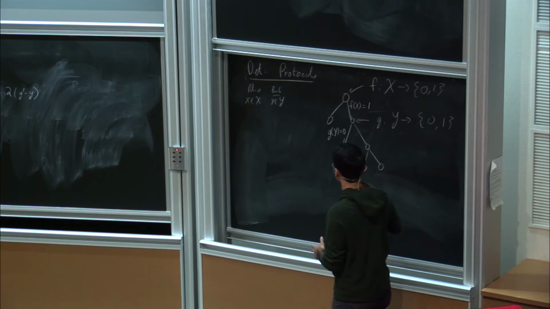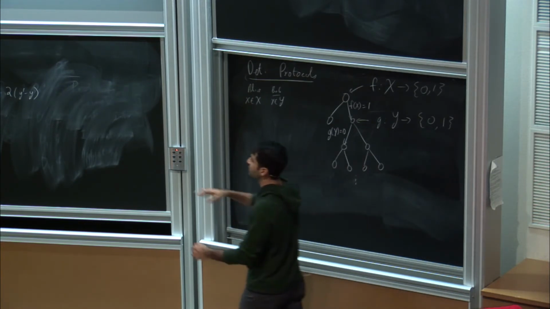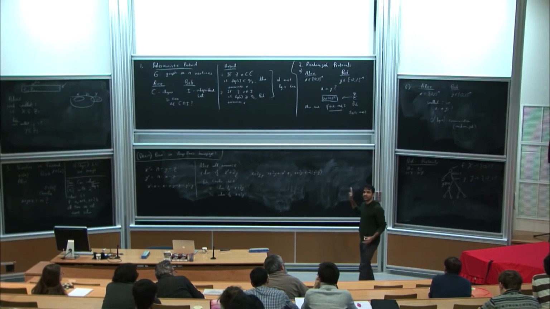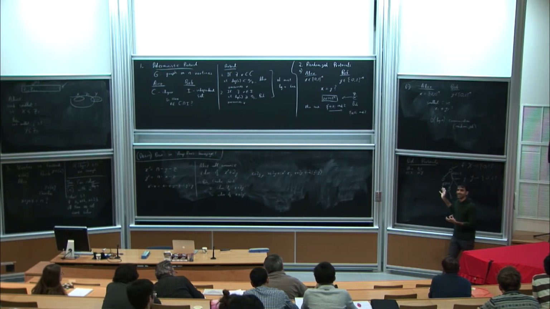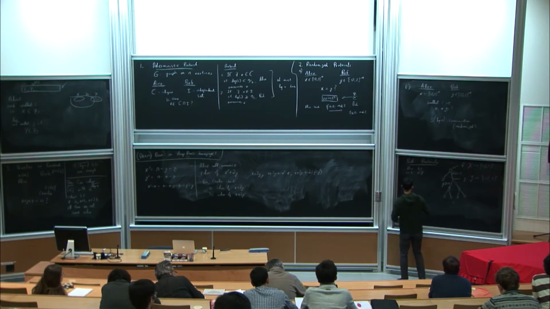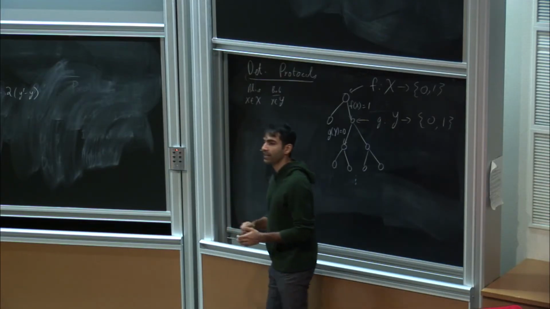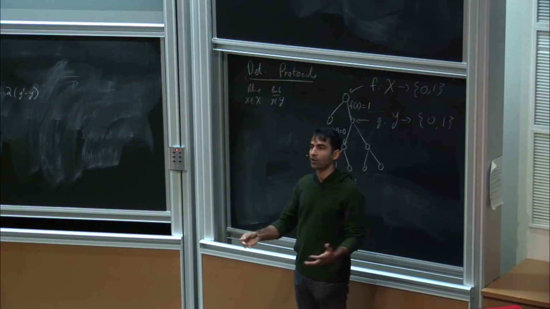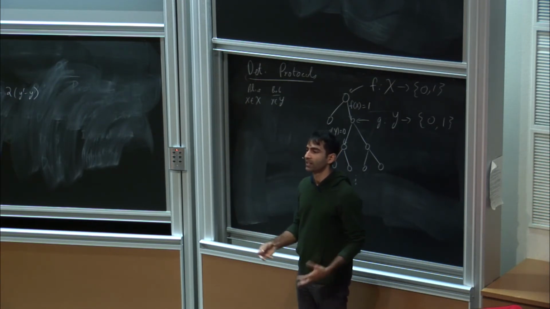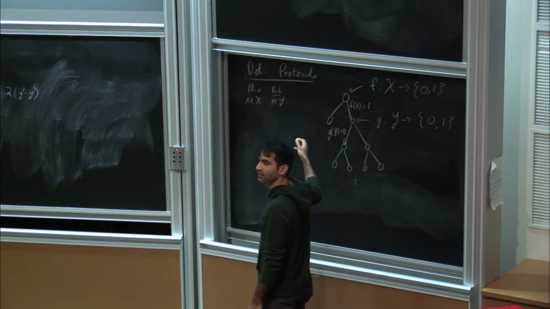Okay, so that's a protocol, and all the deterministic protocols we talked about can be described like this, right? It would be painful to describe them bit by bit, but we could, in principle, do it if we wanted to. And what are we measuring here? What we've been measuring so far is the length of the longest sequence of bits that could be transmitted, which is just the depth of this tree.